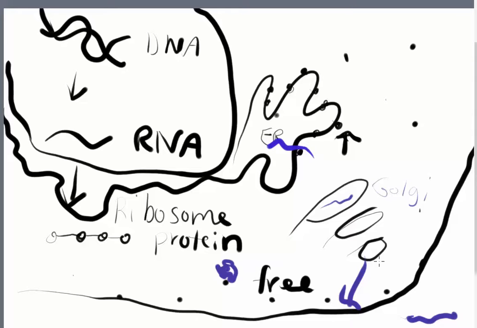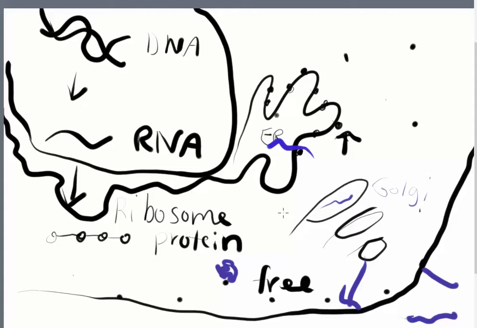Or it could be a protein that is going to be stuck on the outside of the cell, like a receptor. Or some of them are proteins that are going to be used inside of the cell, but they're dangerous. We don't want them floating around inside of the cell. Some of them are digestive and destructive proteins.